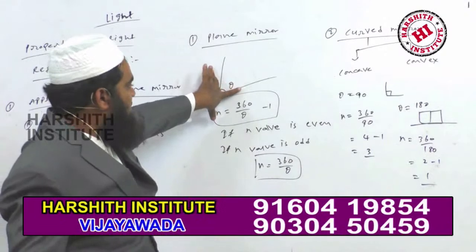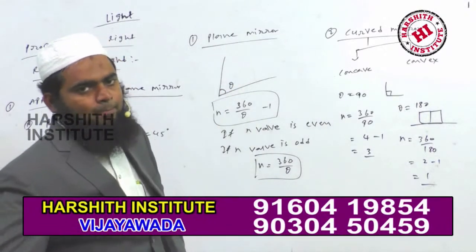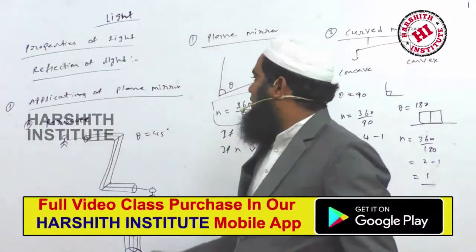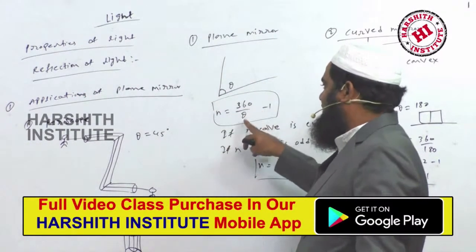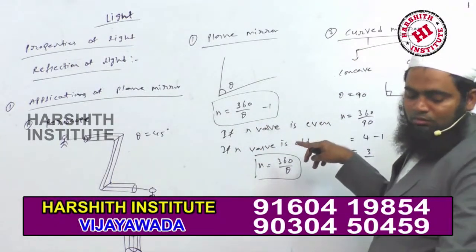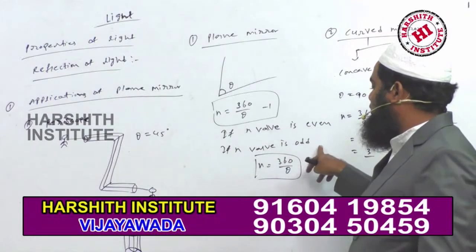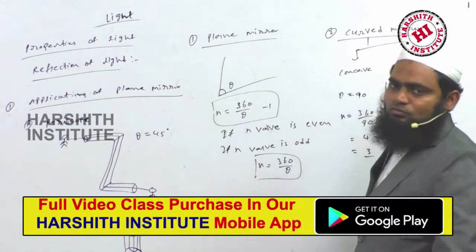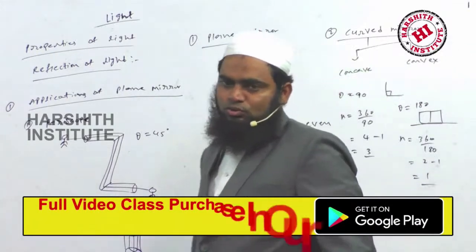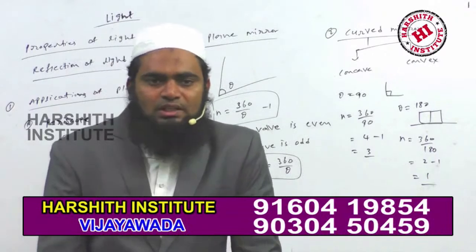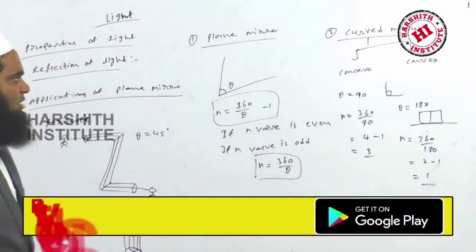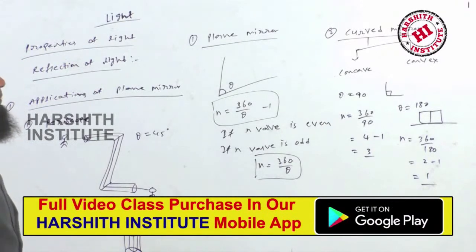They form multiple images. Then the formula will be n equal to 360 by theta minus 1 if n value is an even number. If n value is an odd number, use the formula 360 by theta. This is our condition. These are some applications and properties of plane mirrors.